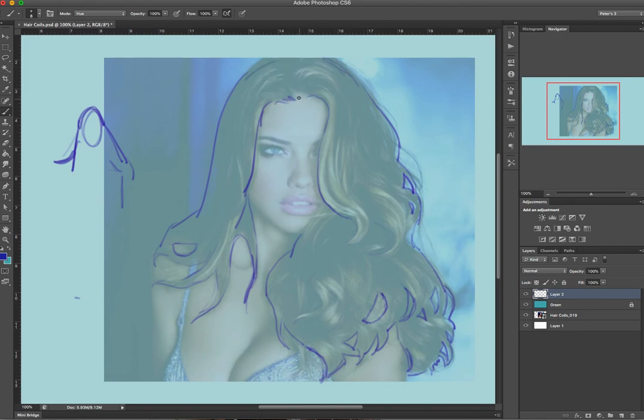Again, soft. Pay attention to the directions of the lines, that's where you can get elegance.